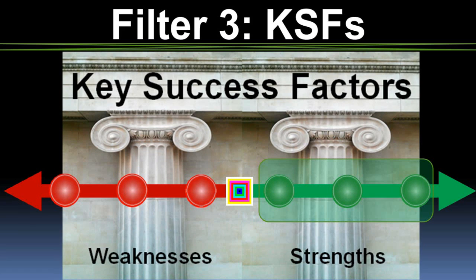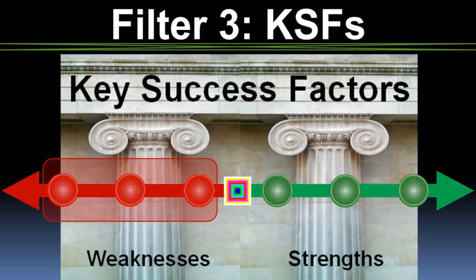When reviewing attributes noted as a potential organizational strength, the attribute would only remain as part of the SWOT assessment if it supported the attainment or maintenance of a key success factor. On the other hand, a delineated weakness would only remain as part of the SWOT assessment if it detracted from the attainment or maintenance of a key success factor.